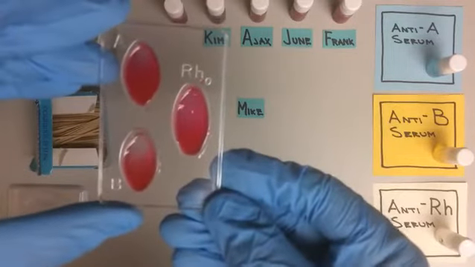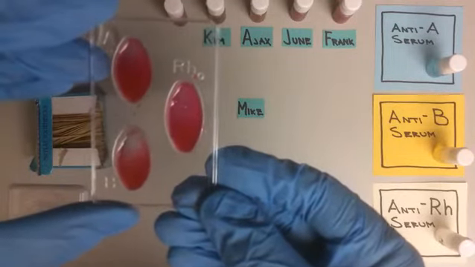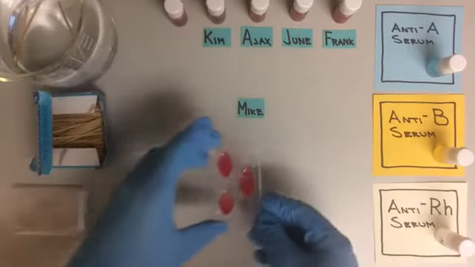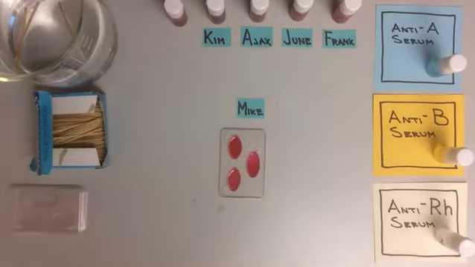Now we see that the sample appears granular, so agglutination has occurred. Let's record our findings to the chart.